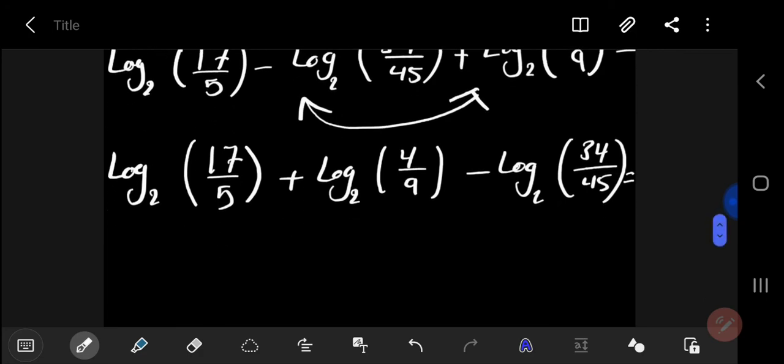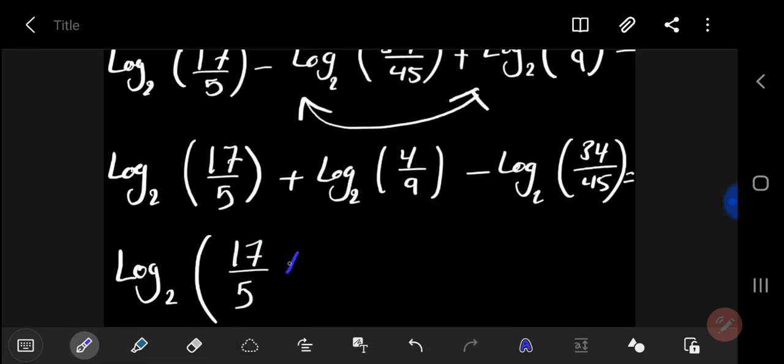Now in this step, I will take the same log, the same base. Between 17 over 5 and 4 over 9 there is plus, so I transform it to multiply: 17 over 5 times 4 over 9.